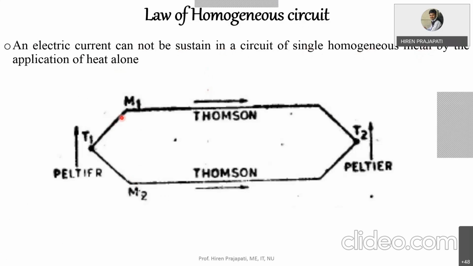So this is what the Thomson effect presents here. You always require an M1 and M2 combination, then and only then will EMF be generated continuously. Otherwise, you will get only a one-time voltage surge, but there would not be continuous EMF generation. So that is the law of homogeneous circuit. A single wire cannot generate continuous EMF flow.